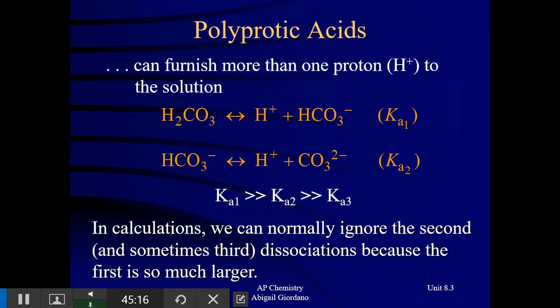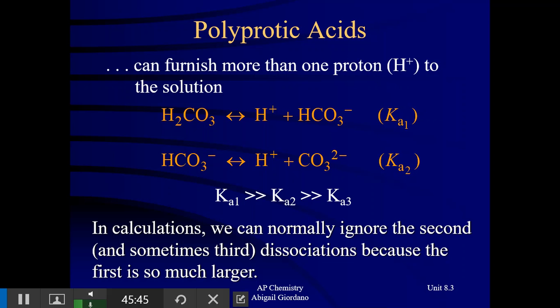But here's the good news. If you were doing a pH calculation for carbonic acid, would you have to do a problem that involves two ice tables, one for the first dissociation and another ice table for the second? The answer is no. The first dissociation is always going to be greater than the second. If there is a third, that one will be the smallest.